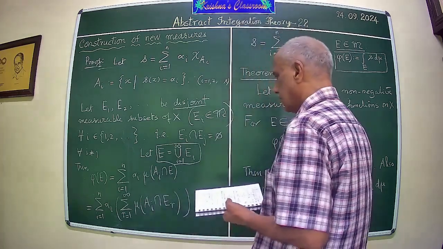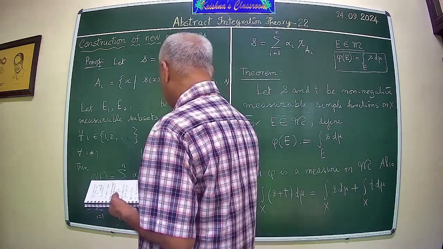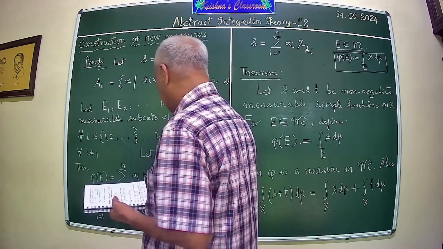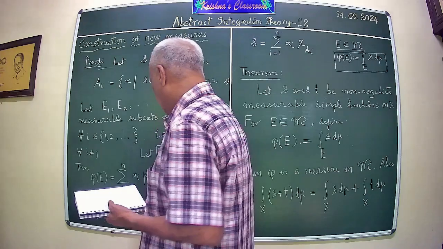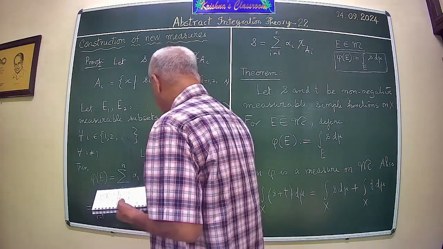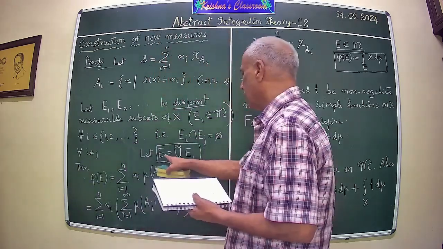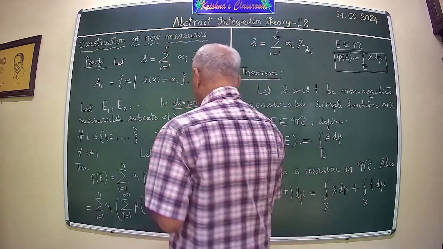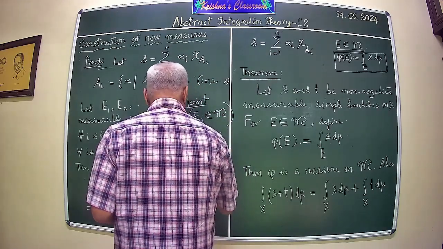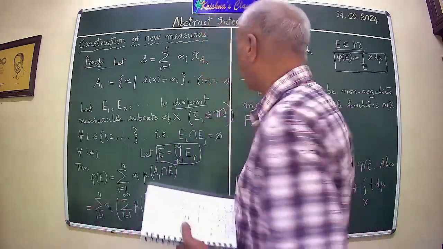And since mu is a measure, mu of A_i intersection E would become sigma mu of A_i intersection E_r, where r running from 1 to infinity, where E is the union of E_r. Isn't it?